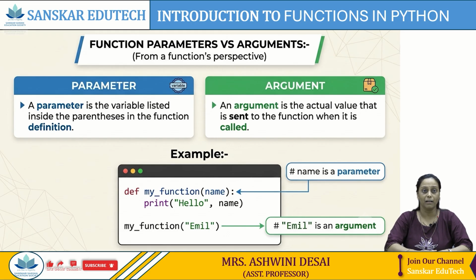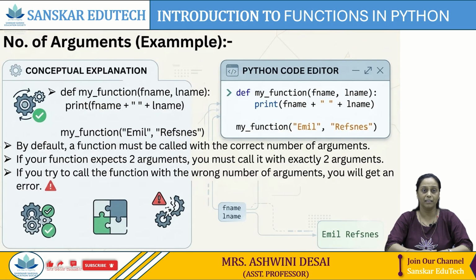Then function calling by writing the function name my function, and we provide the name, which is an argument, that is Emil. Number of arguments, example: def, function name, and we provide 2 arguments, followed by printing both first name, space, last name, and then finally we call the function by writing its name and provide 2 parameters, Emil and reference.